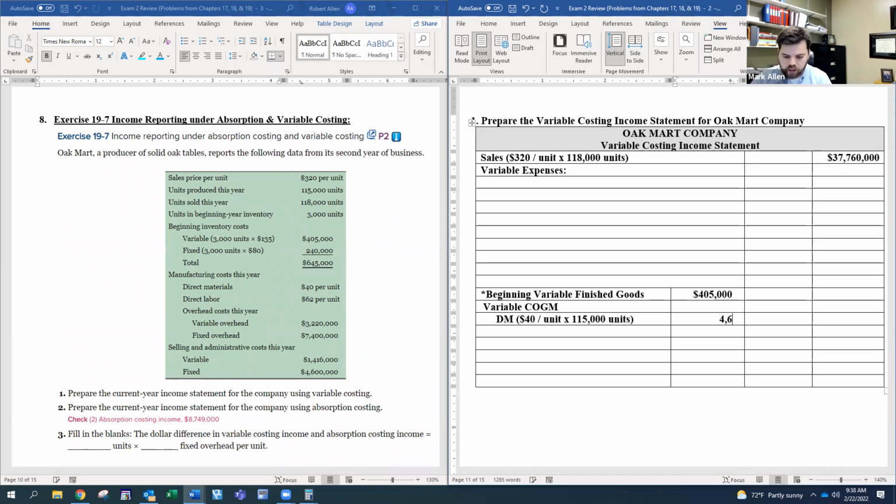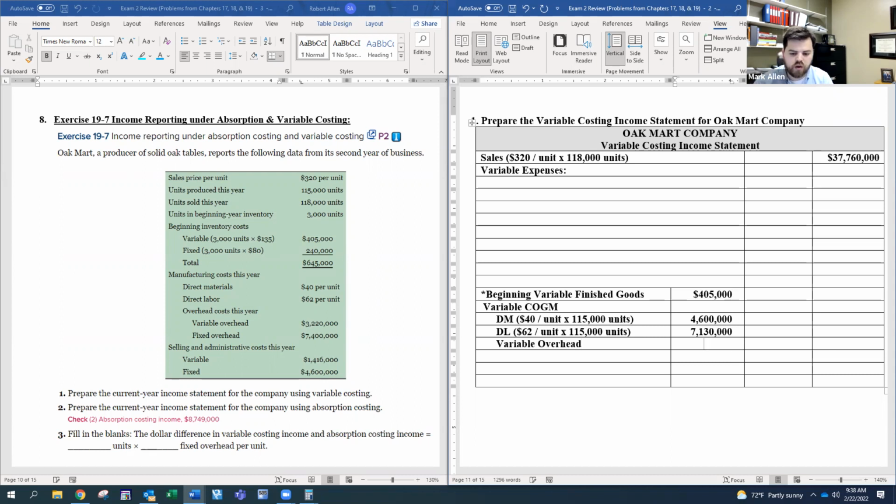That's $4,600,000. Next, we follow that with our direct labor. This was given as $62 per unit, still times the number of units we actually produced, 115,000, which is $7,130,000. Next, we've got our variable overhead.